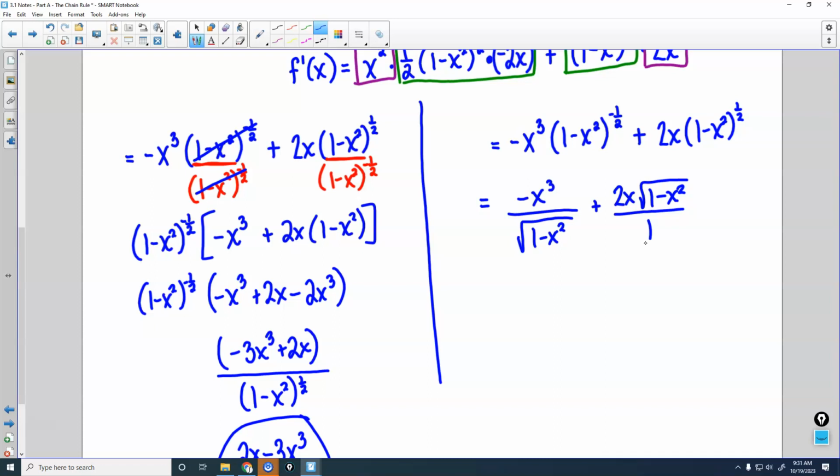And this way it might be a little easier to understand compared to what we've done in the past. So if I want to put those together, I have to have common denominators, correct? So to get common denominators, I would have to multiply this fraction by square root of 1 minus x squared on top and bottom.